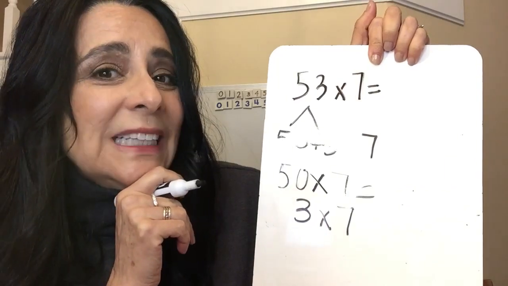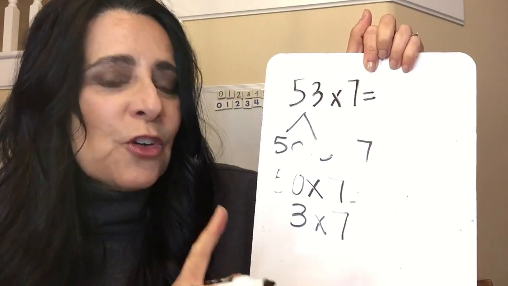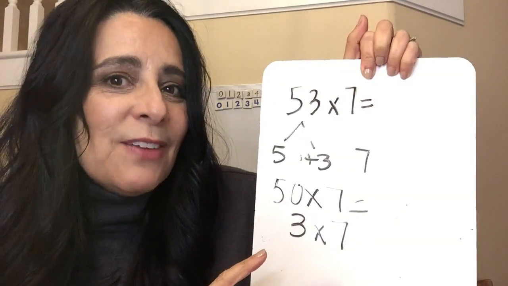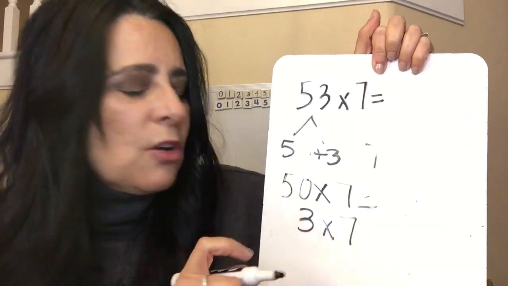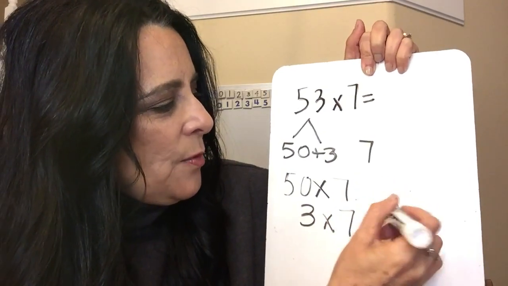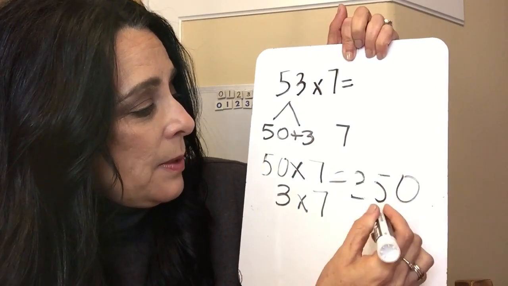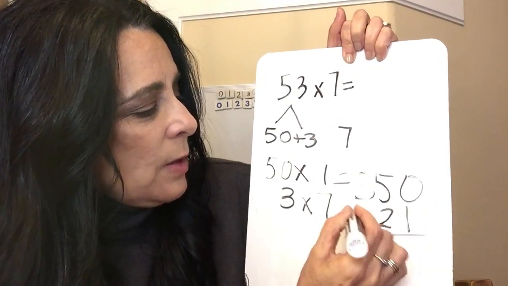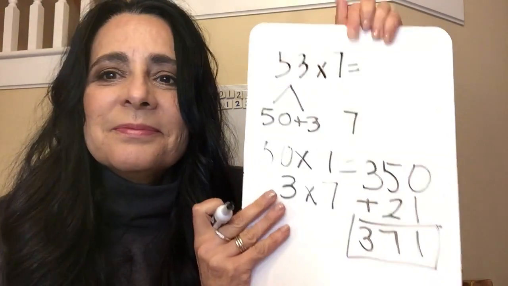A lot of the students weren't lining up the numbers as they had been taught to add in the past, since first grade. And some of the students even really benefited from graph paper. And I think I used 1 centimeter graph paper. But here we go. This is 350. And make sure they line it up. And this is 21. And then when you add it up, you get 371.